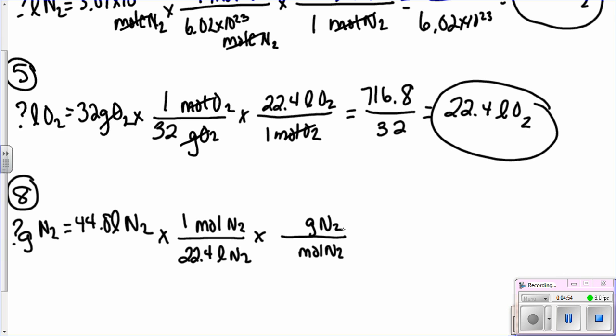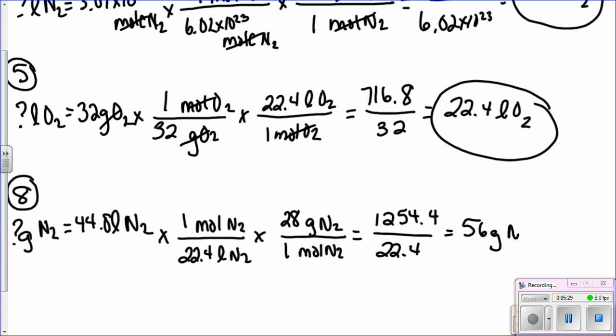And nitrogen has the mass of 14. Since there are 2 nitrogen, our total is 28, because 14 times 2 is 28. Since the substances are the same, it's to 1 mole. So we take 44.8 times 1 times 28, and that's 1,254.4. We take the 22.4 times 1, which is 22.4, divide, and our answer is 56 grams of N2.